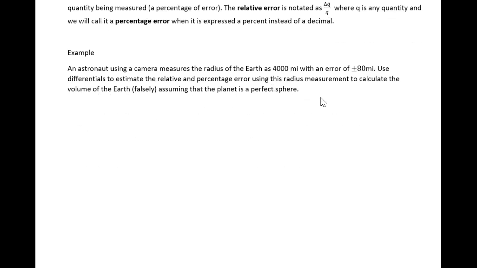So let's take a look at the measure of the Earth. An astronaut is using a camera to measure the radius of the Earth as 4,000 miles with an error of plus or minus 80 miles. Use differentials to estimate the relative and percentage error using this radius to calculate the volume of the Earth, assuming that the planet is a perfect sphere.